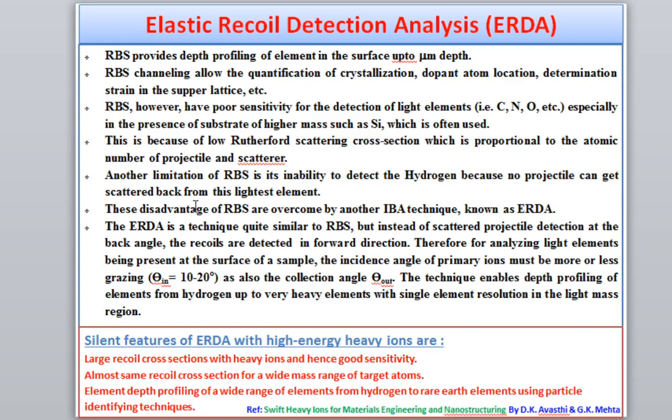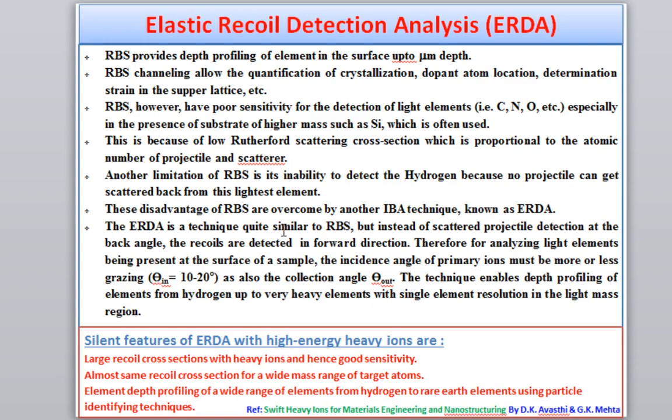These disadvantages of RBS are overcome by another IBA technique known as ERDA, elastic recoil detection analysis. ERDA is quite similar to RBS, but instead of detecting the scattered projectile at the back angle, the recoil atoms are detected, those that recoil in the forward direction.